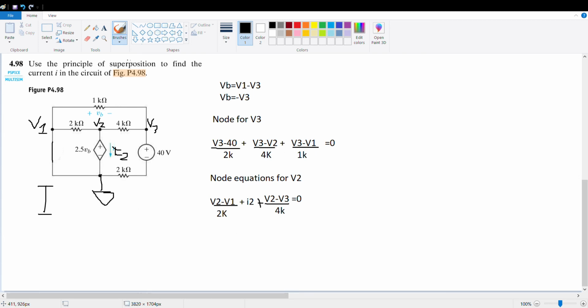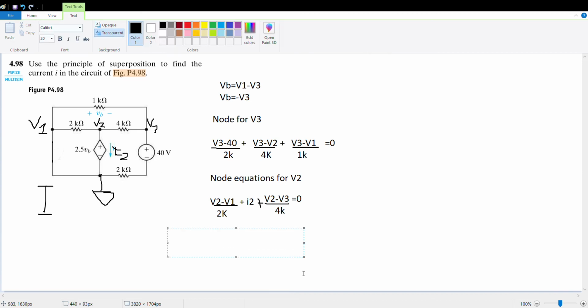When we do these calculations, we find that I2 comes out to be 17.894 milliamps.